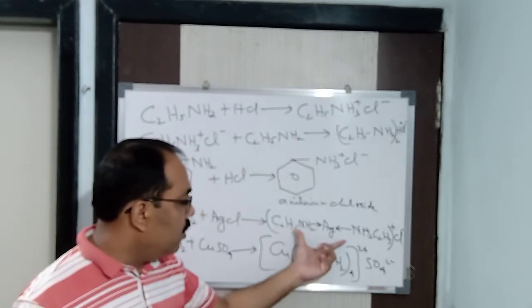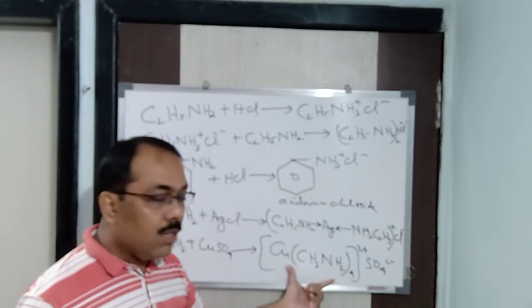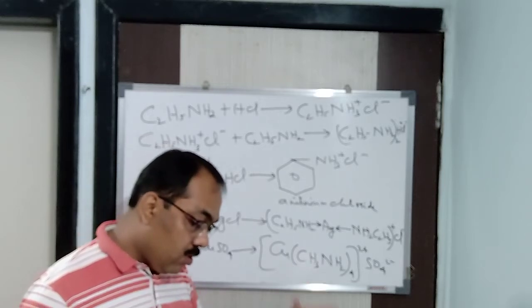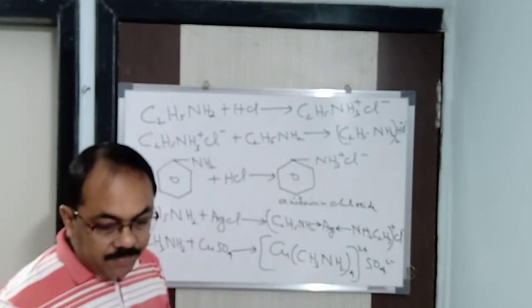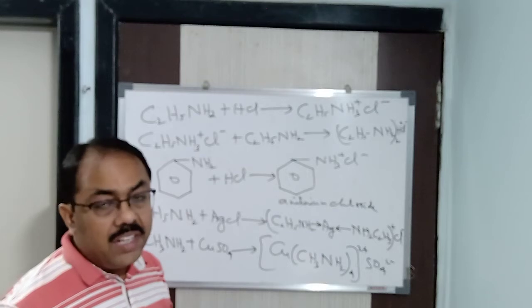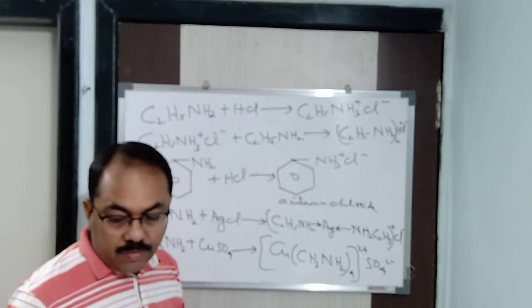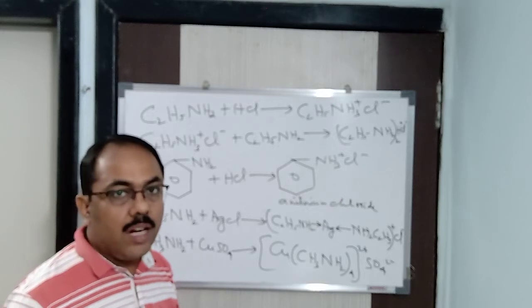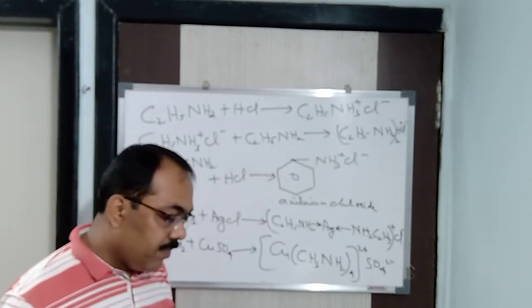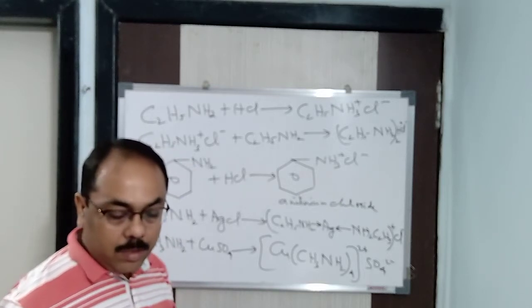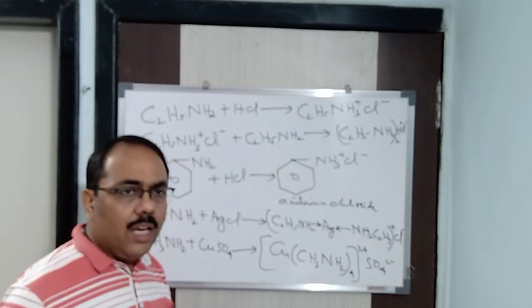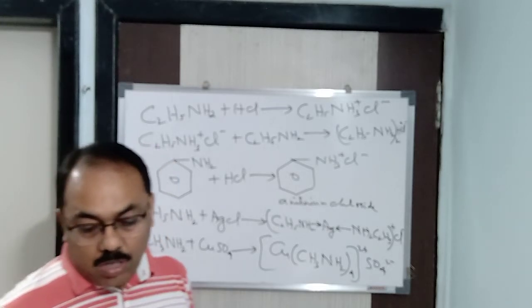This is a soluble salt which is colorless, and this is a soluble salt which is blue in color, so to say. So in this way it also reacts with halides. When it reacts with halides, exhaustive halogenation takes place and it forms a salt, we can say that.